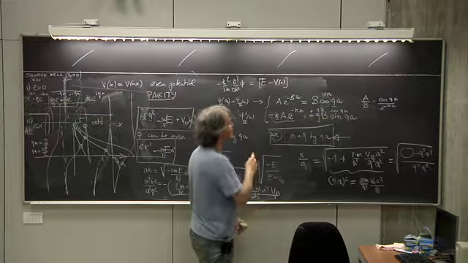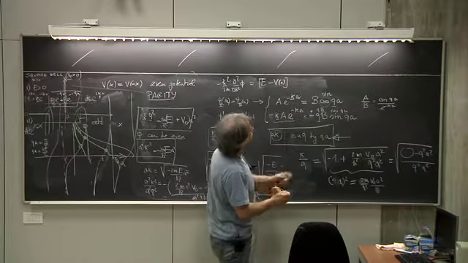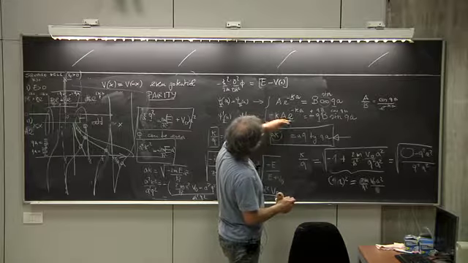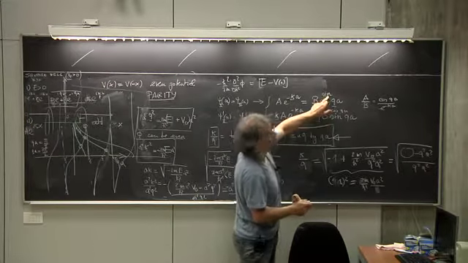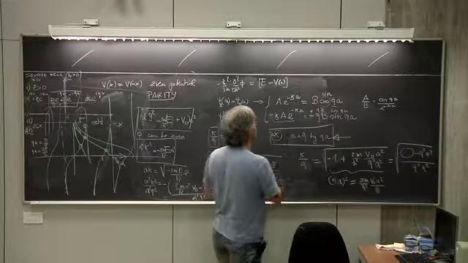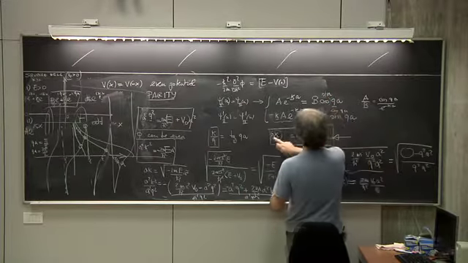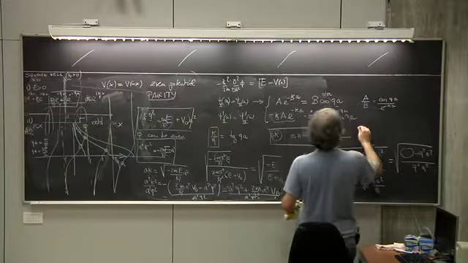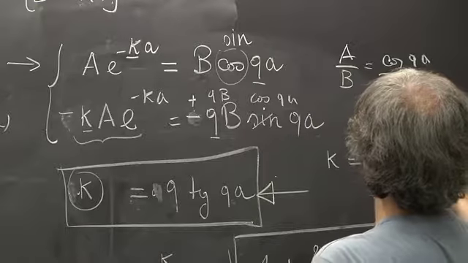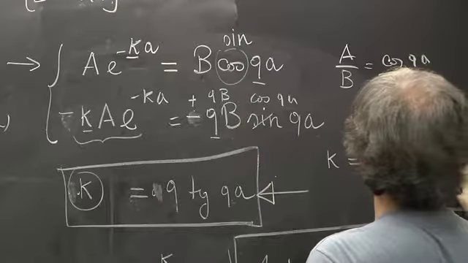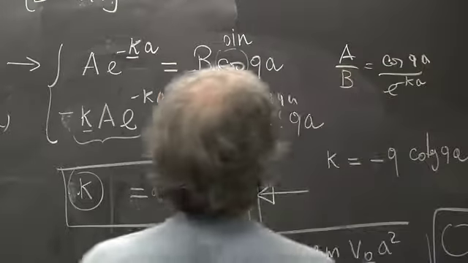Okay? So you see the minus is no longer cancelled. So you get an extra minus, and if you take the ratio of this over this, you also get cosine over sine. So the other equation is K equal to minus Q, the cotangent of QA. Okay?